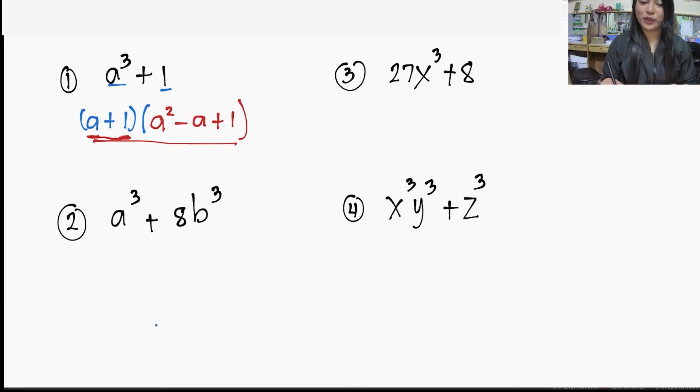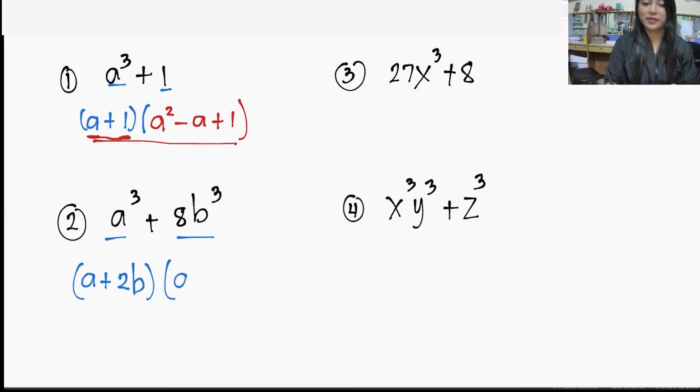The next example that we're going to have is a cubed plus 8b cubed. Our first step, once again, is to get the cube root of both terms. The cube root of a cubed is a, the cube root of 8 is 2, and the cube root of b cubed is b. Next, we are going to square the first term. So a times a is a squared.